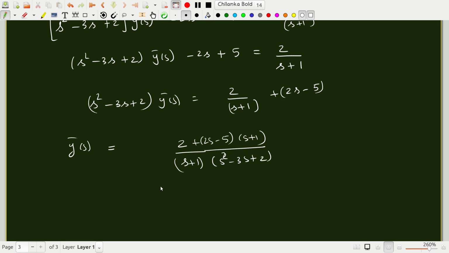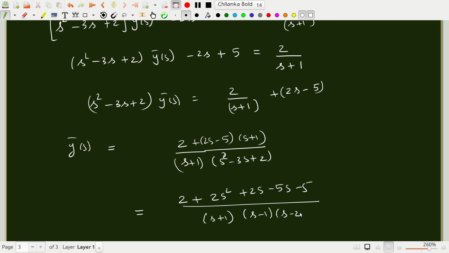Okay, so you will get finally, if you simplify this, it's 2 plus 2s squared plus 2s minus 5s minus 5 by s plus 1, and if I factorize this, I will get s minus 1, s minus 2, right?